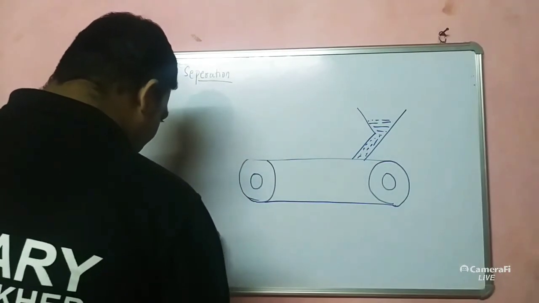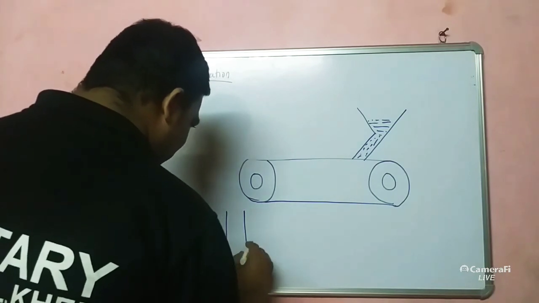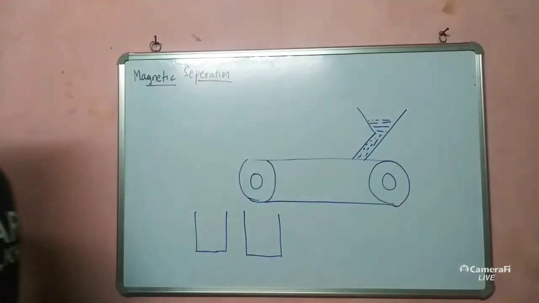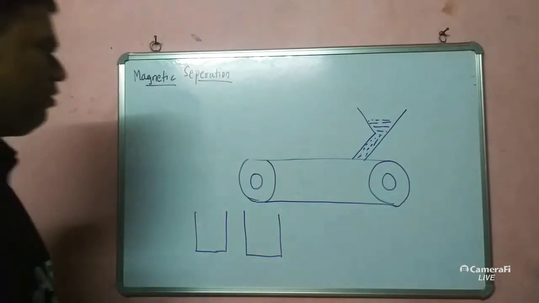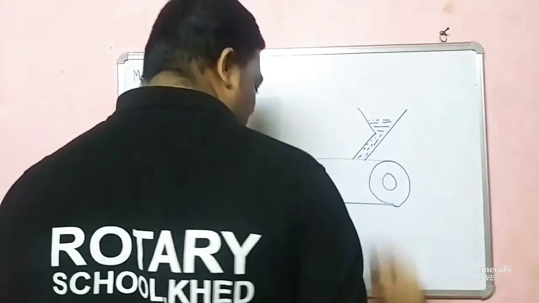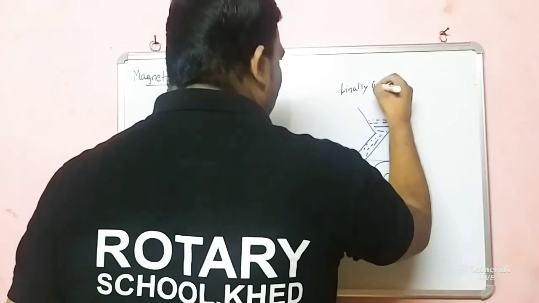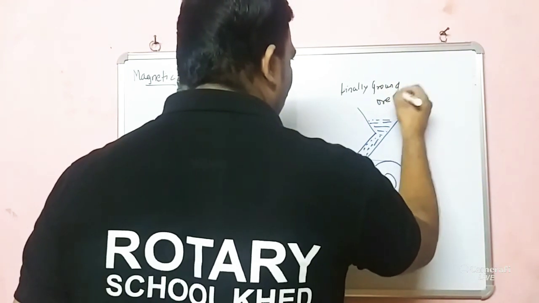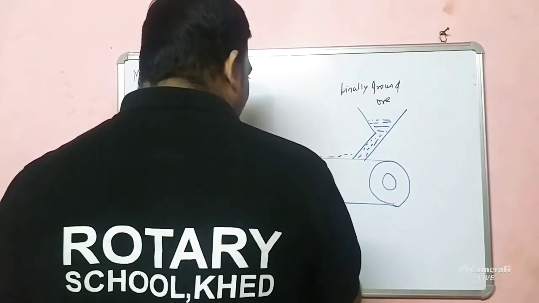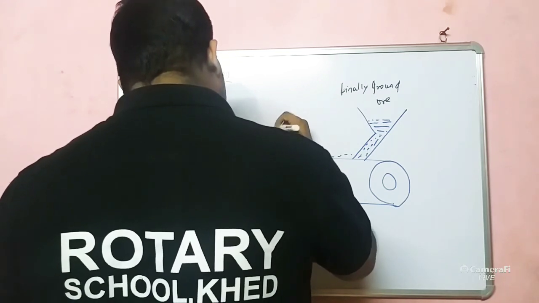Here we have the finely ground ore. I hope you understood what I am trying to draw here: the ground ore, and the magnetic roller.